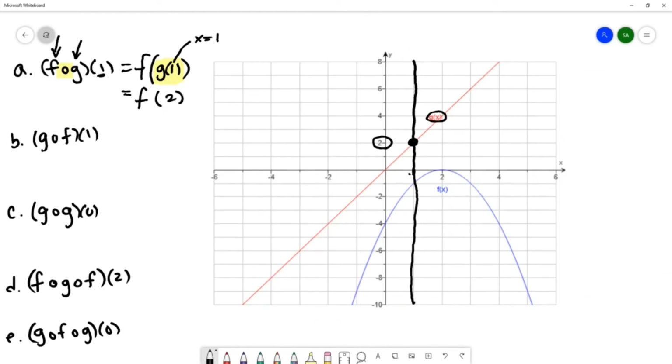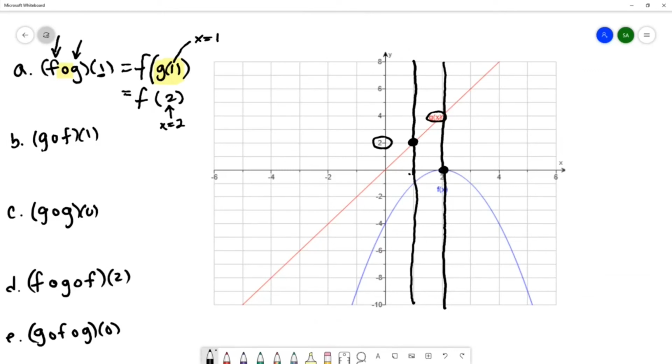And now my symbols have simplified and I have f of 2. In f of 2, that indicates that x is equal to 2. X equals 2 along this vertical line, and I'm interested in where f is at 2.